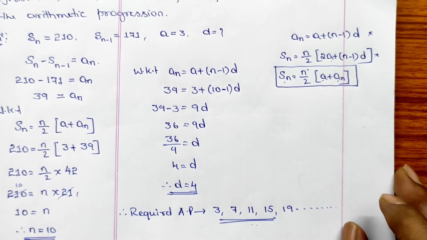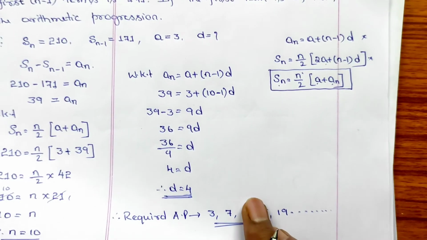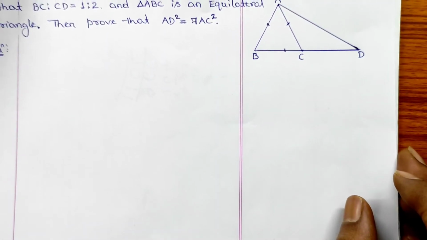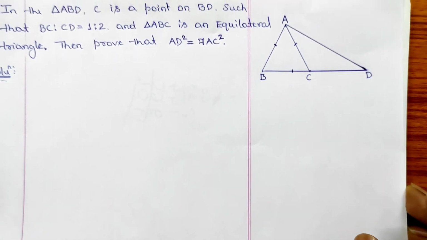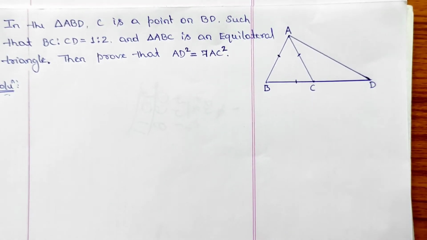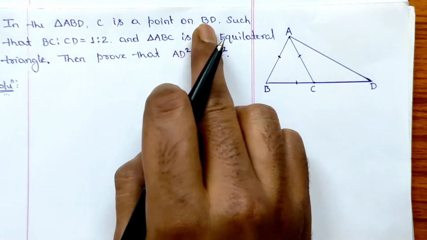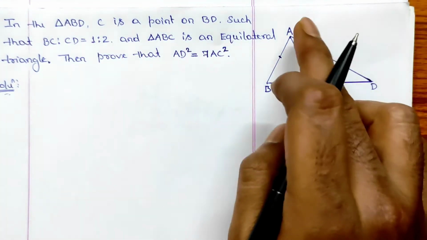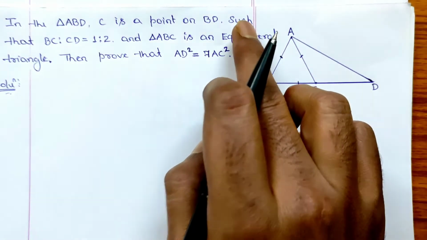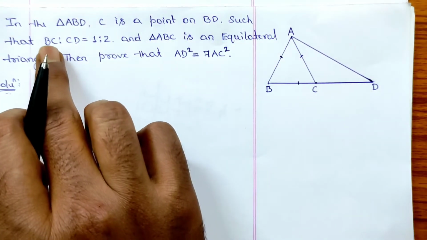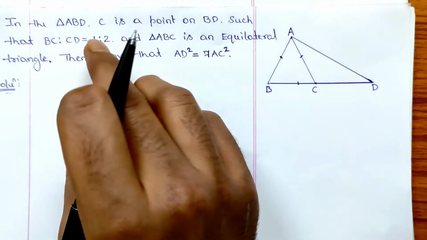Now we'll move on to the second question. Second question is on triangles. The second question is like this. In triangle ABD, C is a point on BD, such that BC is to CD is 1 is to 2.